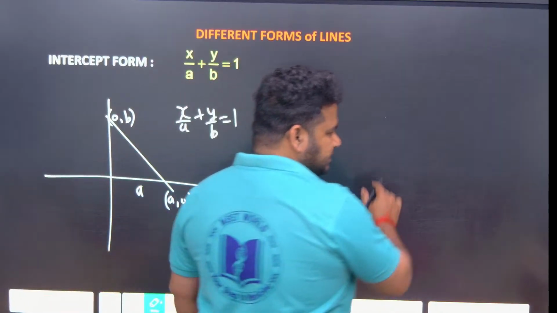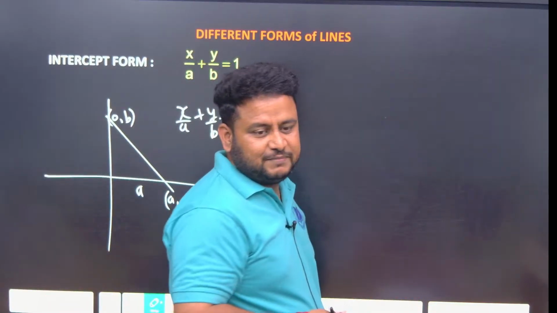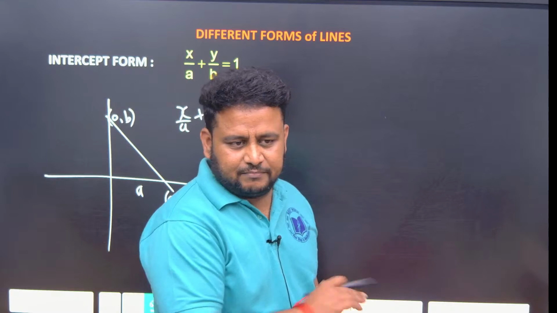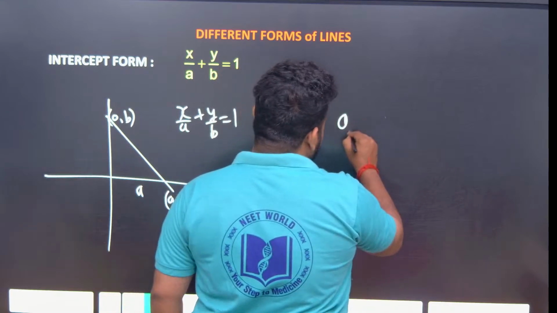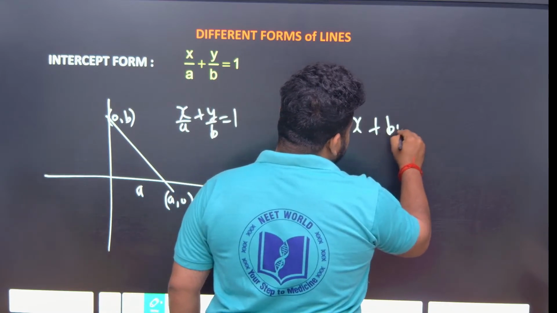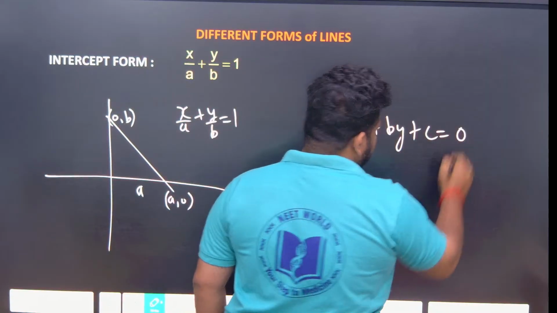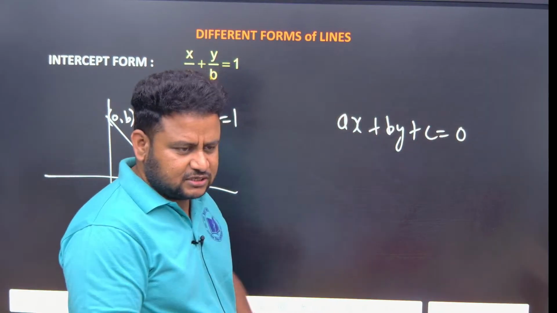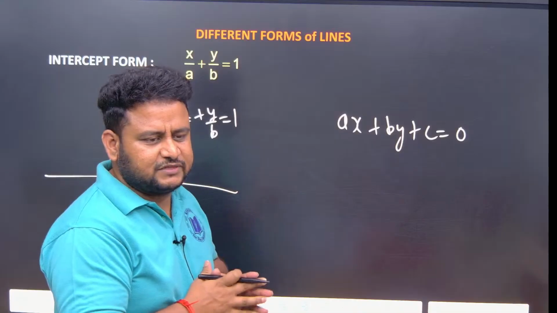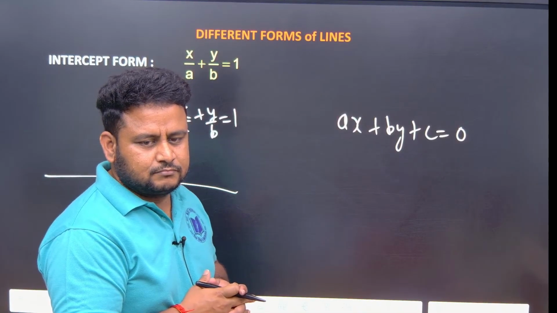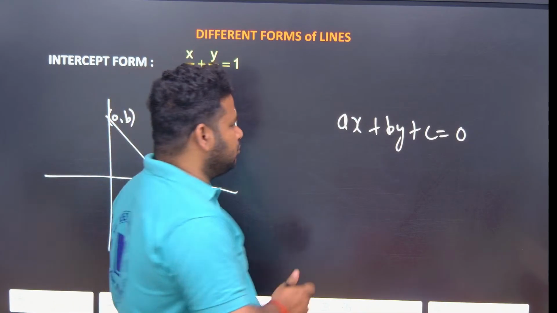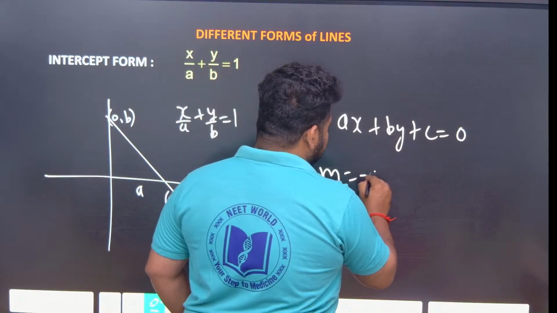Next, what I am writing is very important, because this is a shortcut we will use easily in many questions. Suppose we have a straight line given by ax plus by plus c is equal to 0. Just one line is given. Then what is the slope of this line? Minus a by b. The slope m is equal to minus a by b.